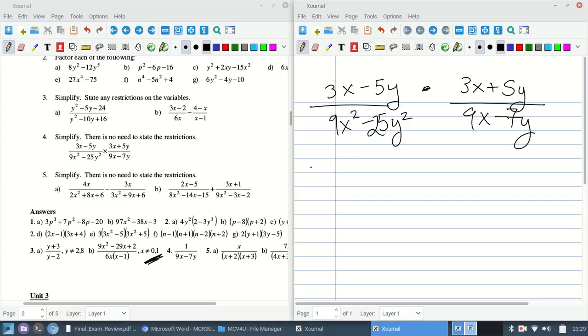Now we got to simplify this. The key is this guy is a difference of squares. Now it's going to be a 3x squared minus a 5y squared, a minus b, a squared minus b squared.